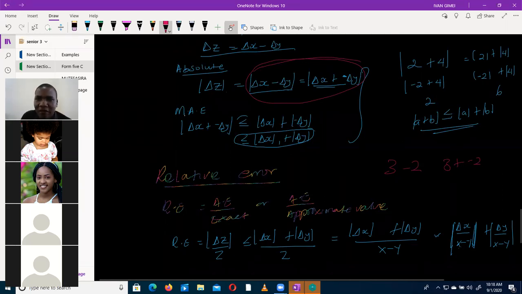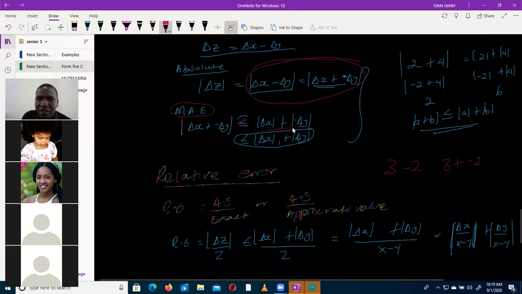We said, if you're looking for the maximum absolute error, then you must introduce this less or equal to sign, the utmost symbol. So we have error in X minus error in Y, plus negative error in Y. This can also be written like that.